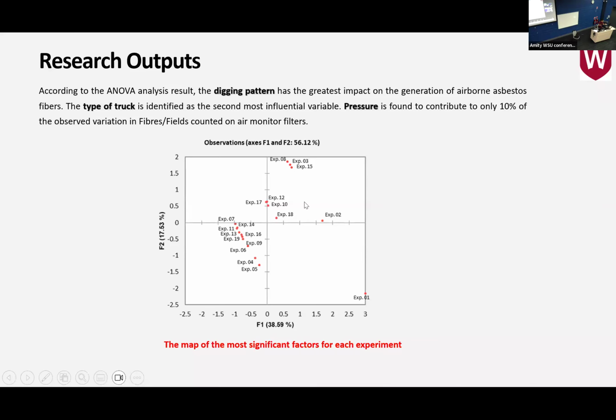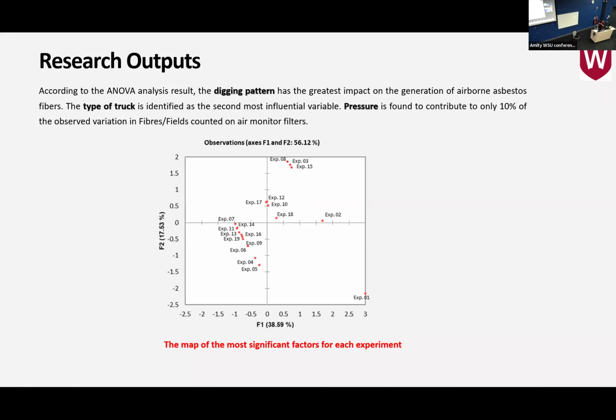We did a factorial analysis eventually in terms of finding out what is effective in shaping the cross-contamination and fiber itself, the release of the fiber. Technically, we studied pressure as an independent factor, the digging pattern as an independent factor, and also the truck type, because there are different types of trucks available.